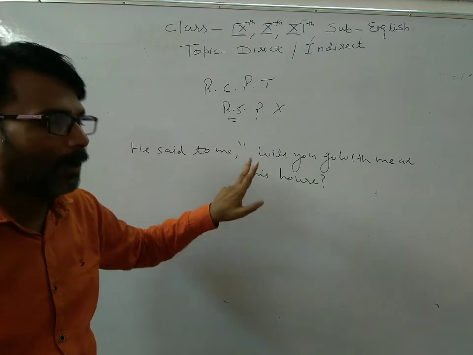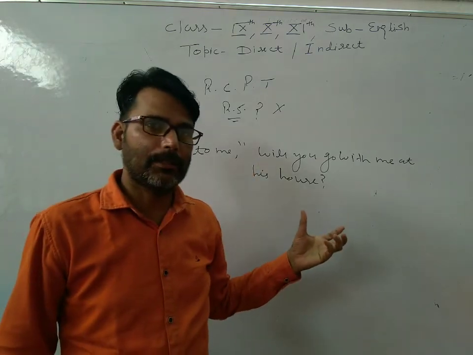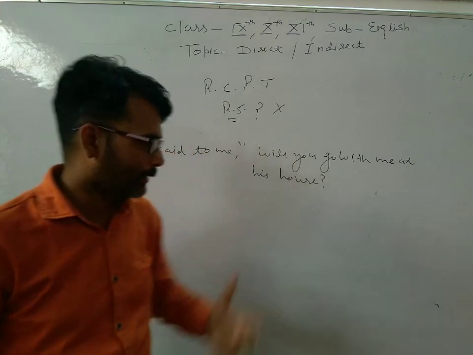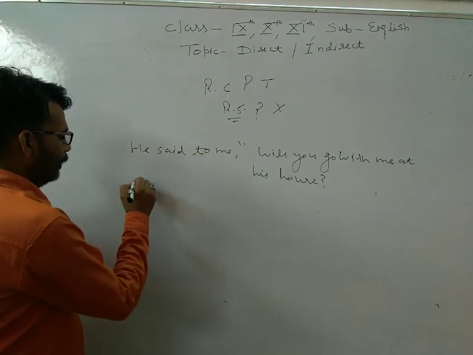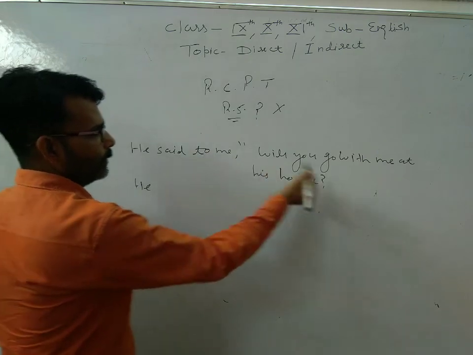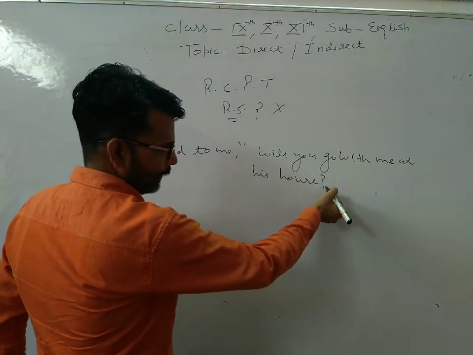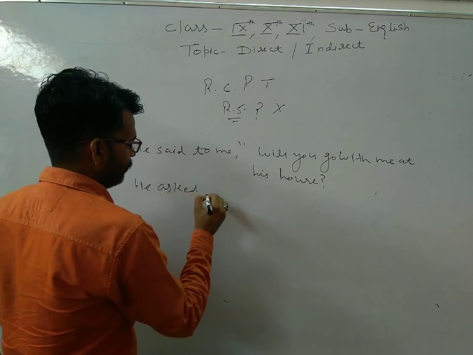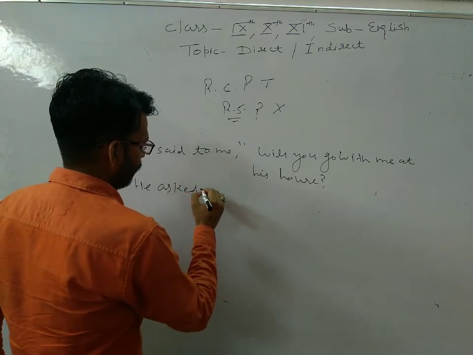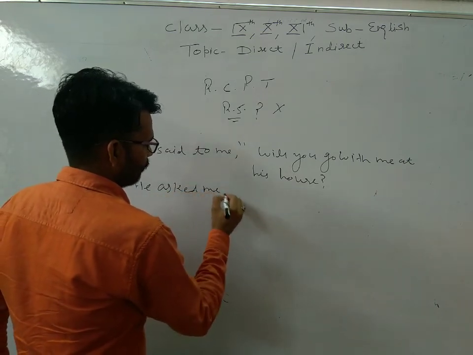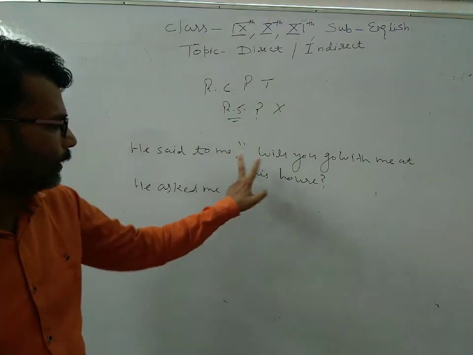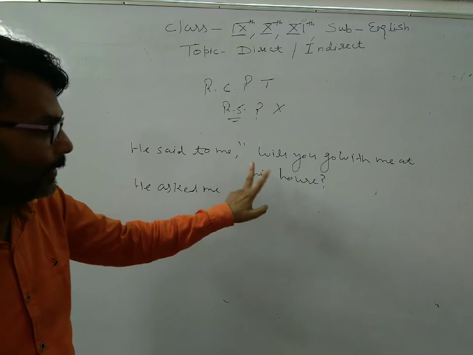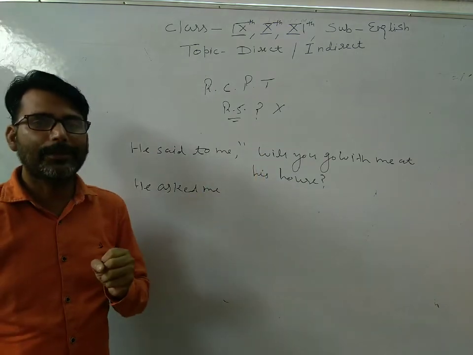Now we will see how we have to change the person in the reported speech according to the rule SON. So "he said to" will change into "asked" as there is a sign of interrogation. I have already told you about it. He asked me. Now we have to connect all these sentences, that's why I have to use a conjunction.